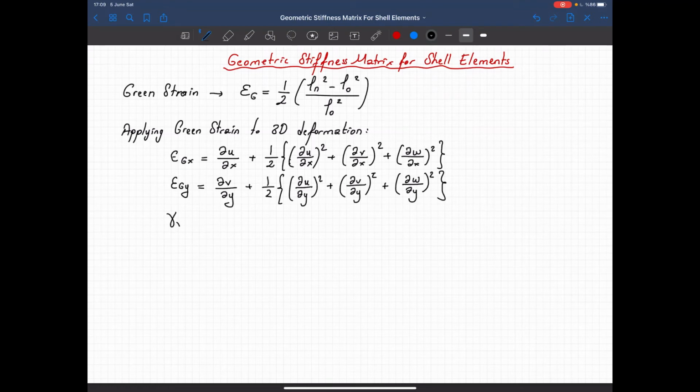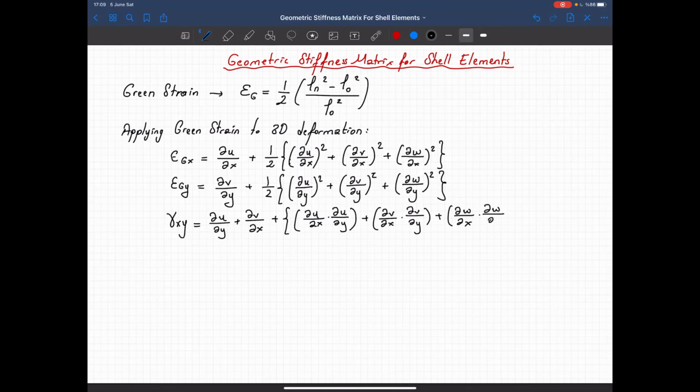Now the shear strain gamma xy will be equal to del u over del y plus del v over del x plus del u over del x multiplied by del u over del y plus del v over del x multiplied by del v over del y plus del w over del x multiplied by del w over del y.